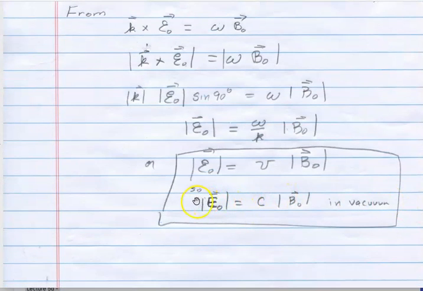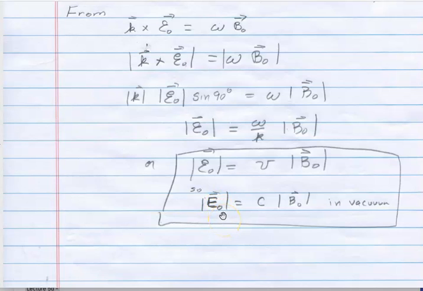If I'm in a material, that's the velocity that light travels in that material. If I'm in a vacuum, the speed of light in a vacuum is just c, and so you see this relationship between these amplitudes. Now that's important because if I divide this side by c, and I have an electric field amplitude, you see that the magnetic field in magnitude is 1 over c times the magnitude of the electric field.